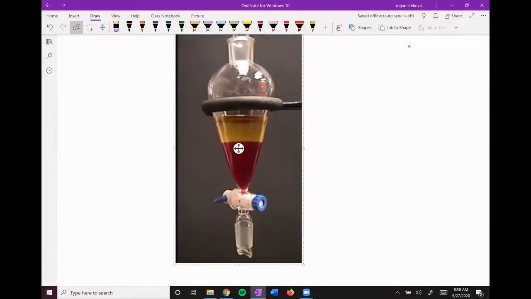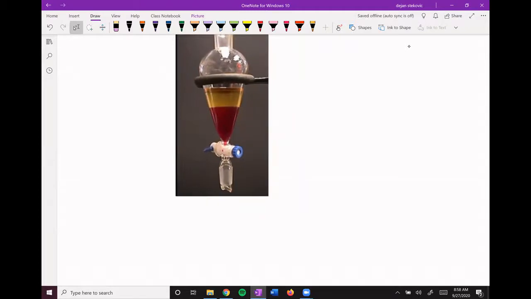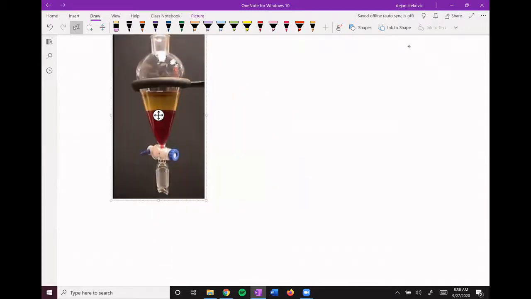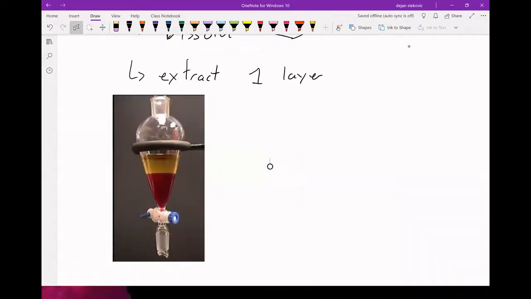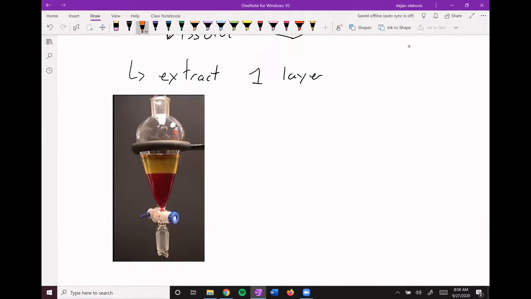Normally, this is done through what's called a separatory funnel. So there's a picture of a separatory funnel. And these come in all kinds of sizes, from as small as maybe 1 or 2 mL up to a whole liter. And so it's got this stopcock down on the bottom that allows the liquid to either go through or not go through.